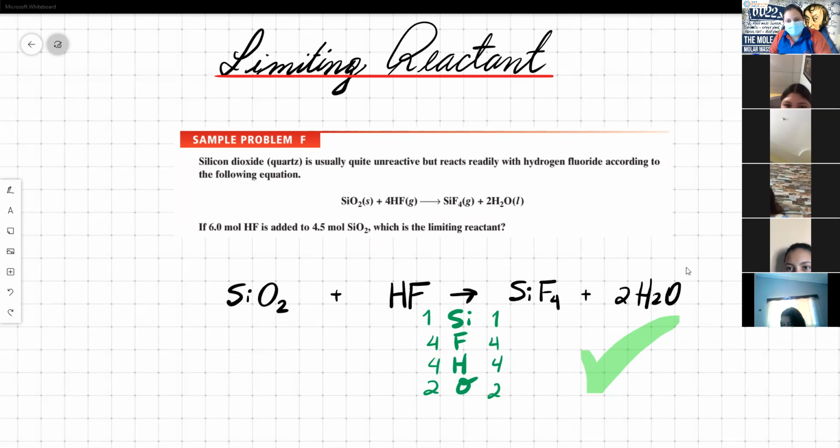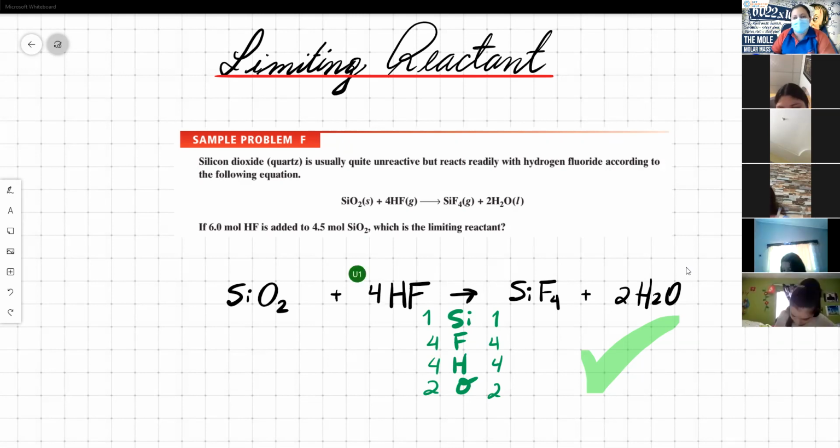Imagine that you just trust the coefficients I give you. No, you always need to check if it's balanced, because I can forget something. So you better check; that is step 0.